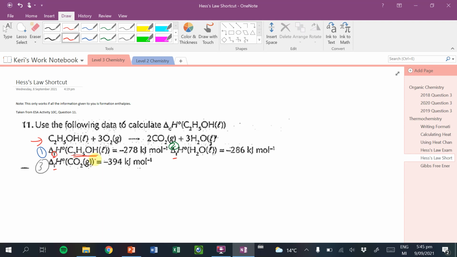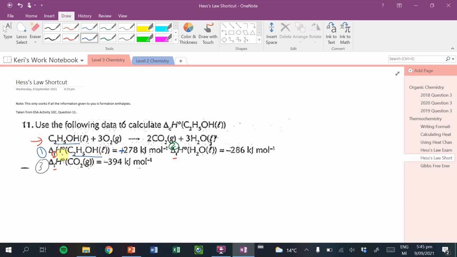So when I'm looking at this, ethanol formation gives me a value here. When I look to see where ethanol is in my reaction, actually, let me do that in blue so that way we're following each color code. I can see that's on the reactant side. So what that tells me is I need to change the sign.